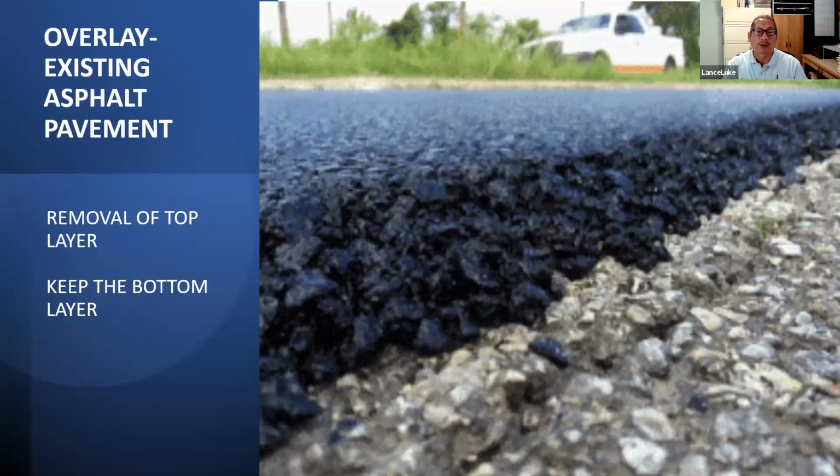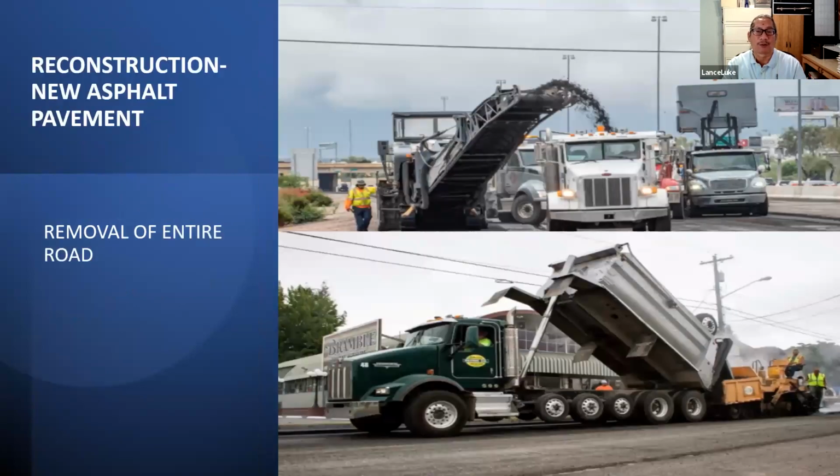Now, what happens if you need to redo the whole road because it's too far gone, too bad? Okay, then it's called reconstruction or installing a new pavement, a new asphalt pavement. And that's removal of the entire road, okay? And that's the best method of repair.